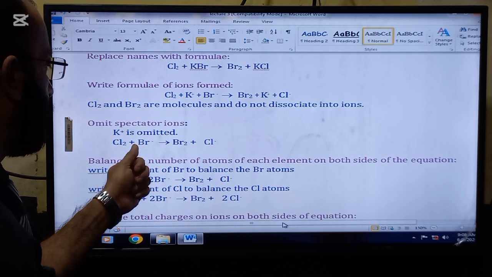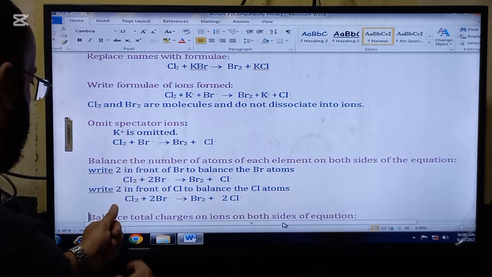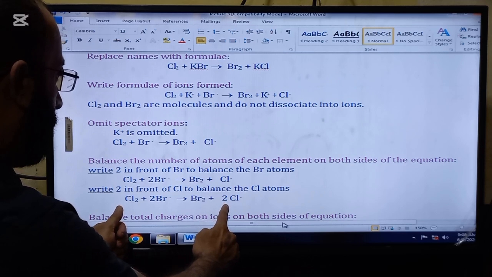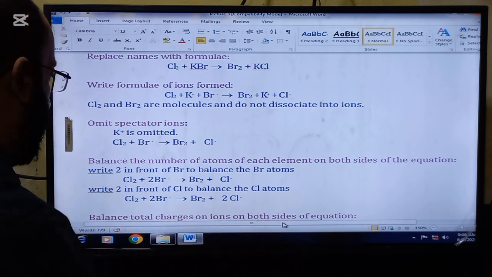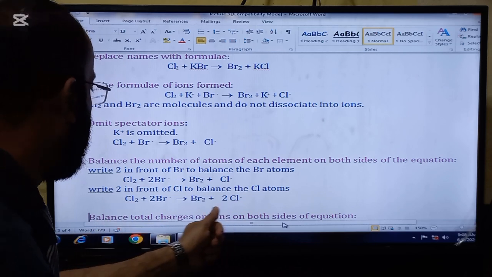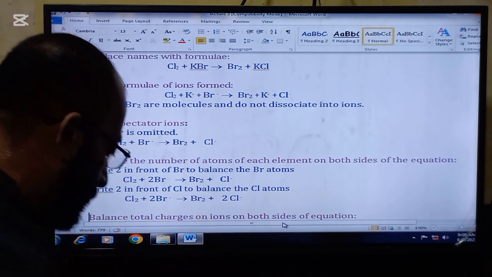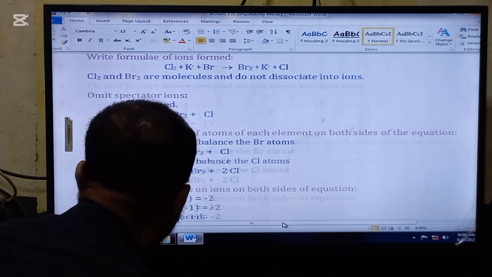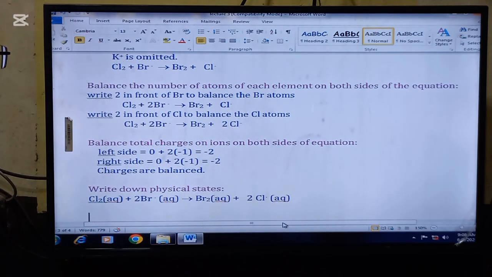So we will write 2 in front of Br⁻ on the left hand side. So look now, 2 in front of Cl⁻ and 2 in front of Br⁻ on the right and left side. So at this step, if you look, the number of atoms of each element is balanced. The next step will be to balance the total charges on ions on both sides of the equation.